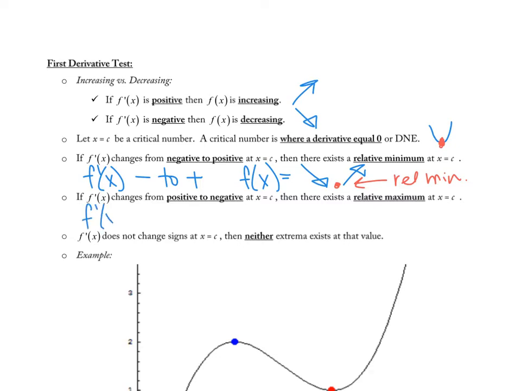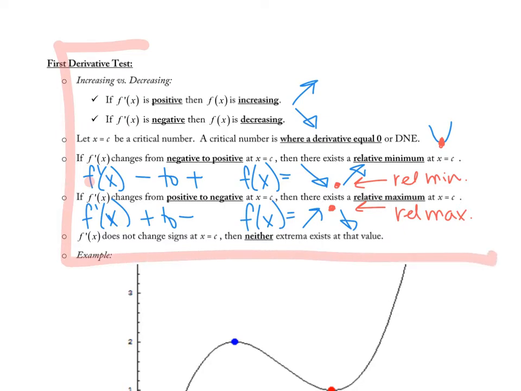If f prime of x changes from positive to negative, then that means our original function is going from increasing to decreasing, creating a mountaintop, which is a relative maximum. Okay, so minimums create valleys, maximums create mountaintops. Okay, so if you haven't already done so, I would highlight this section. This is essentially what the first derivative test allows us to figure out without looking at a graph.